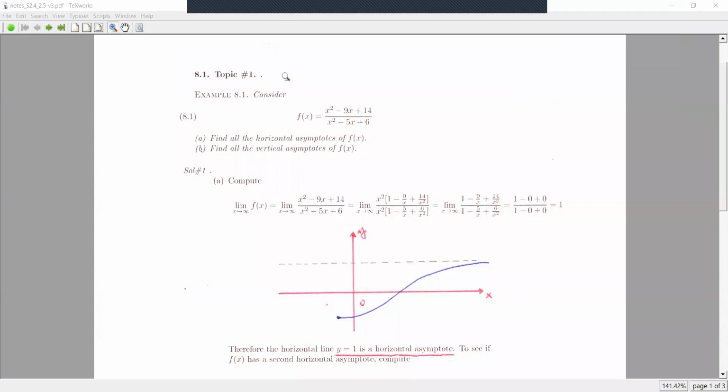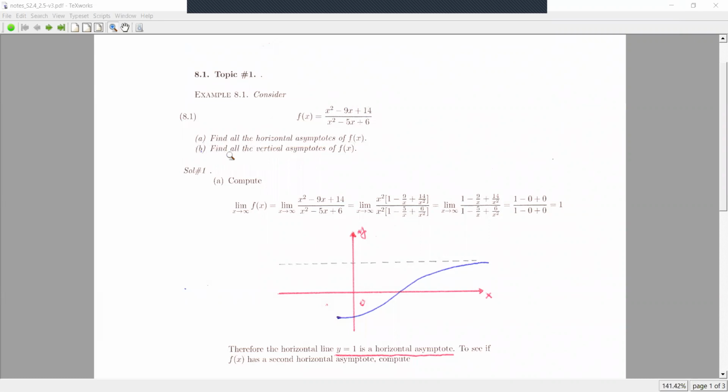Now, let me show you some examples about how to find horizontal asymptotes and vertical asymptotes. Example 1. Consider this function. Two questions. Question A, find all the horizontal asymptotes of the function.